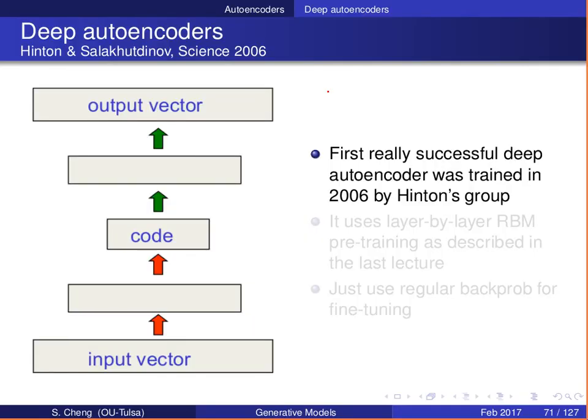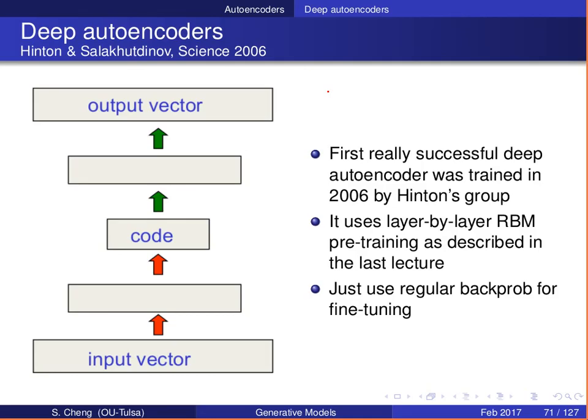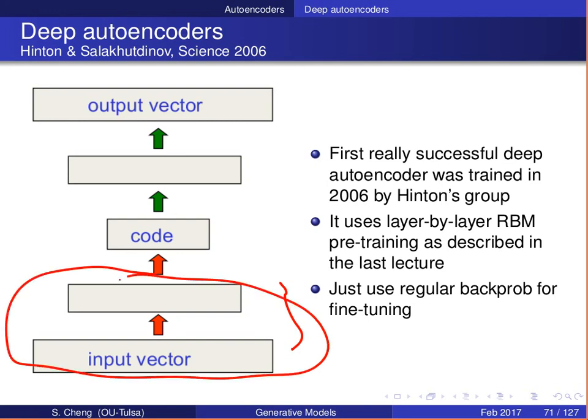The approach they used is actually quite different from what people use now. What they did then is use a layer-by-layer RBM, restricted Boltzmann machine, to pre-train the weights. Basically, they take each of the layers as a restricted Boltzmann machine. Of course, we didn't talk about that yet. Maybe we'll talk about that, maybe we won't.